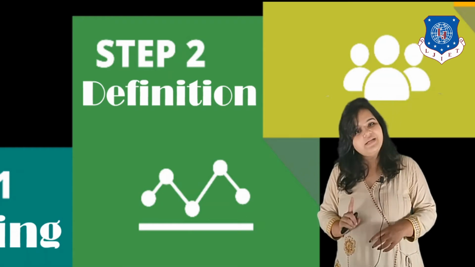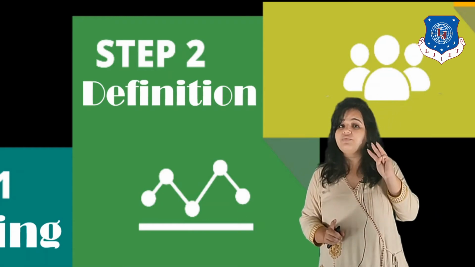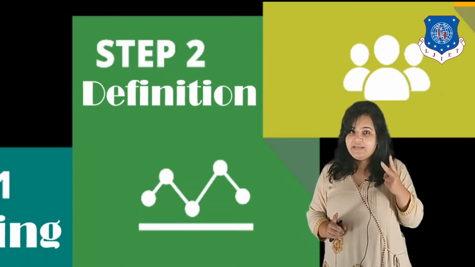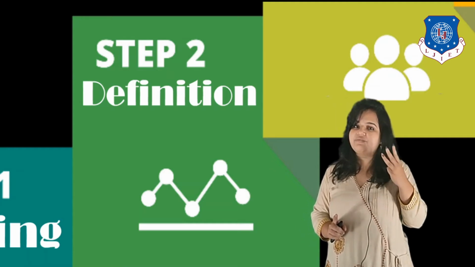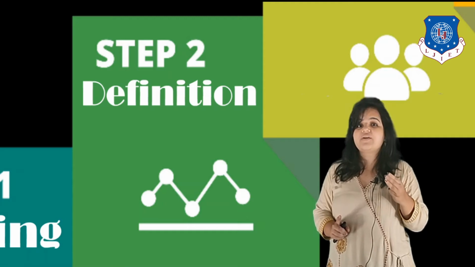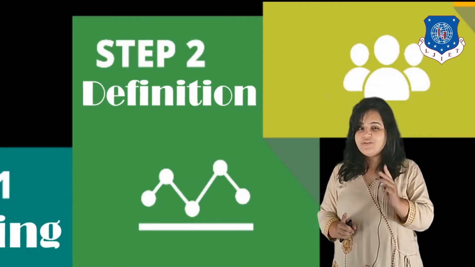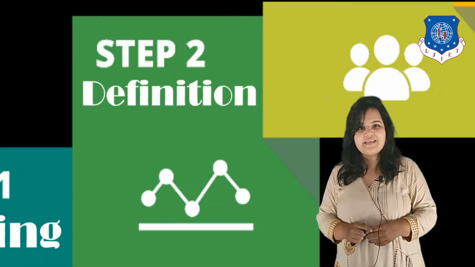So, formal definitions would consist of three things: the name of the object, the category to which it belongs, and differentia, how this particular object differs from other objects in this category. Make sure your formal definition has these three things.